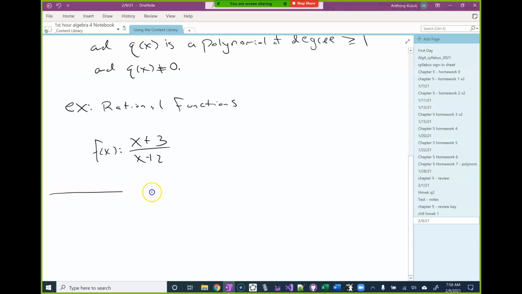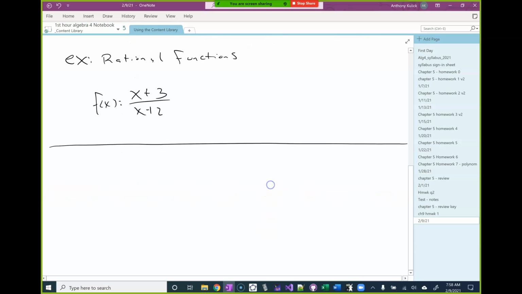So just to give us an outline of what we're going to do here, today we're going to talk about simplifying and then multiplication and division of rational expressions.